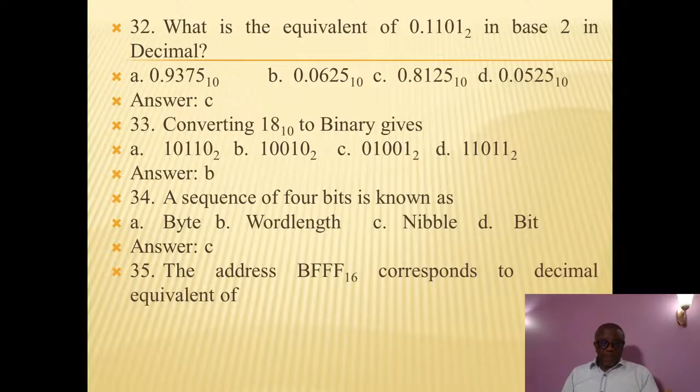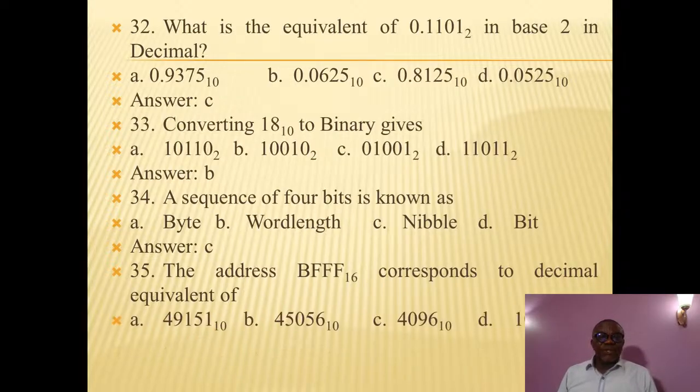Then 35, say the address location BFFF in base 16 corresponds to a decimal equivalent of what? Say 49151 in base 10, 45056 in base 10, 4096 in base 10, and 1024 in base 10.